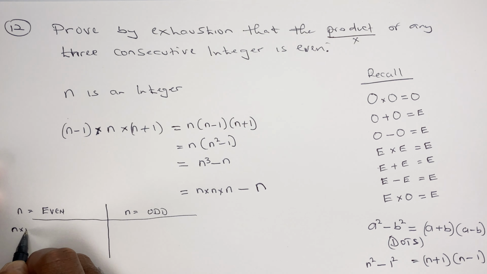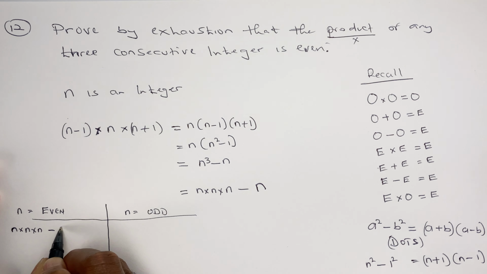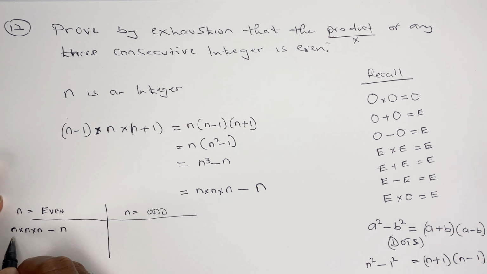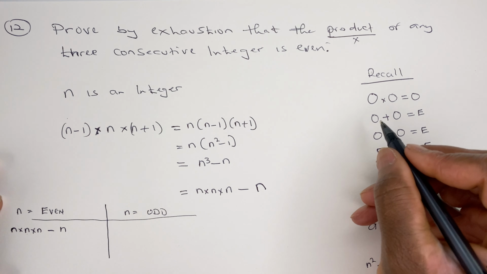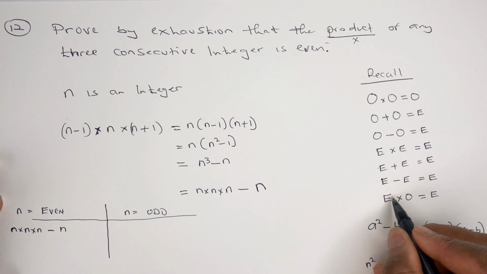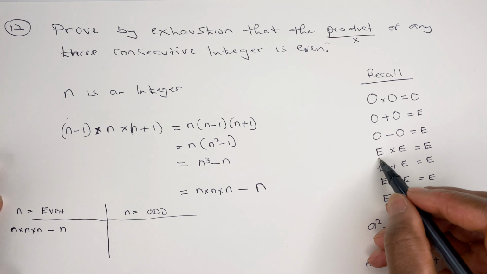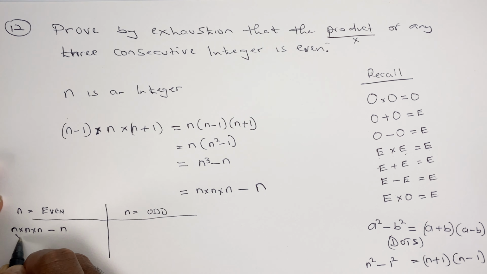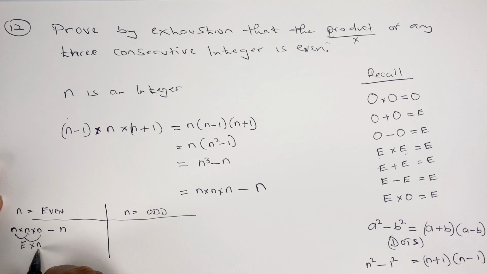So n times n minus n, what would that be? So these n times n, even times even. If I look on my list, even times even is even. And then even times even again, so that times n. But n is even, or n squared is even, if you like. N squared is even and n is even.